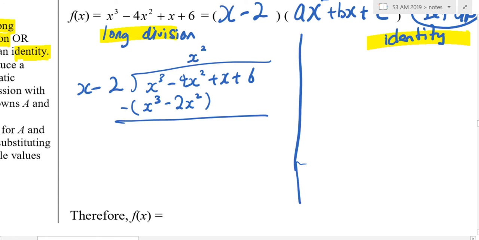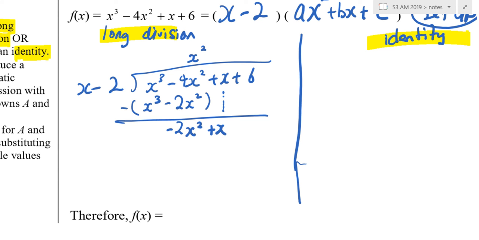Then you talk to yourself: x cubed minus x cubed, 0. Minus 4 minus minus 2. Press your calculator. Xinghui again. I want to remove minus 2x squared.